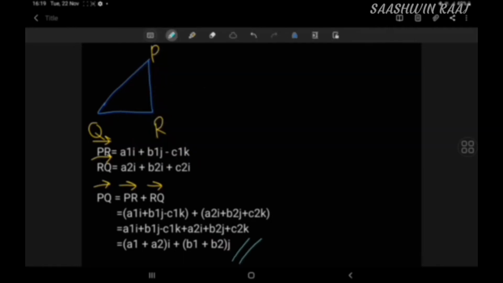So this would be the answer for this whole triangle equation. So that's it. Thank you.